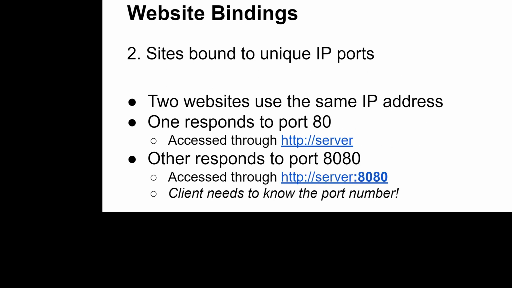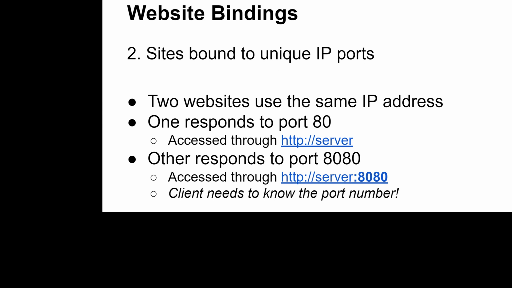is you can bind a website to unique IP ports. So two websites or more can use the same IP address, and one responds to port 80 as normal for HTTP, and the other you would tell it to respond to a different port number, like port 8080, as in the second example.